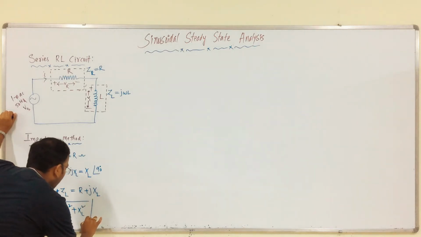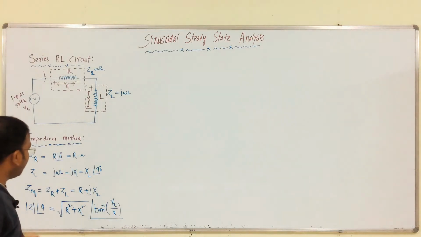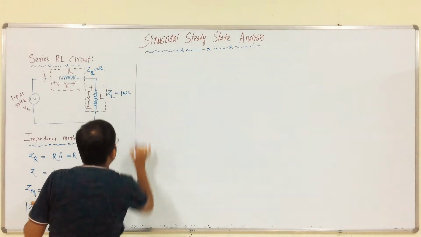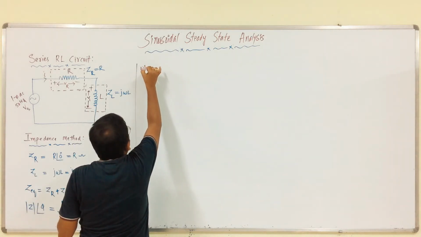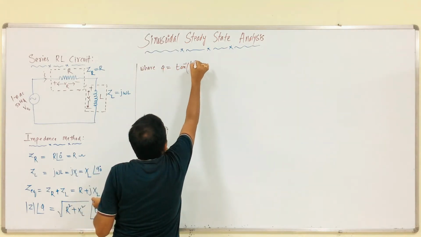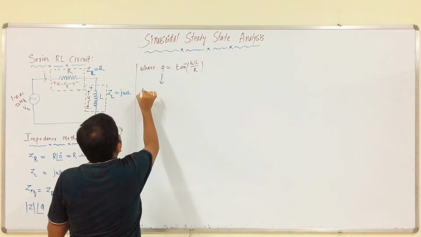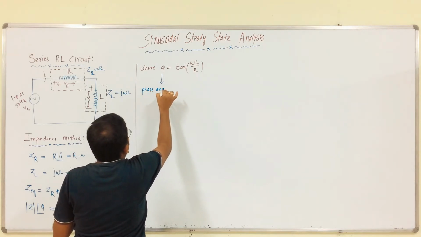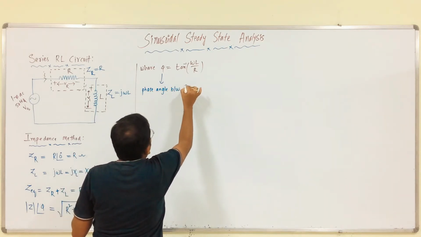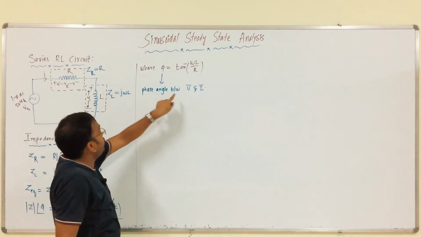The angle is tan inverse XL by R. This is the value of impedance, where phi is tan inverse omega L by R, which is the phase angle between voltage and current, right.